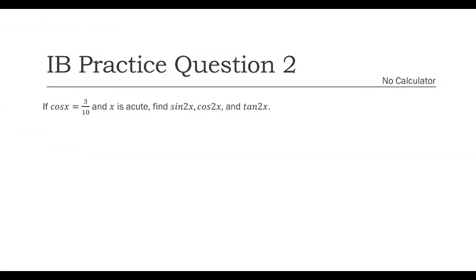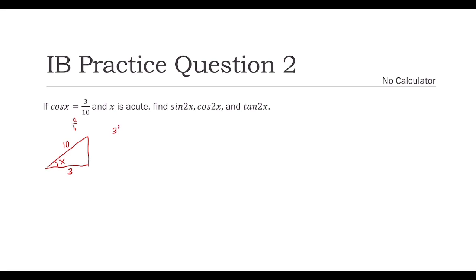Now we have our second IB practice question, which is also no calculator. It says if cosine of x is 3 over 10 and x is acute, find sine of 2x, cosine 2x, and tangent of 2x. So we'll draw our triangle. We'll label angle x, and our cosine is 3 over 10. Cosine is adjacent over hypotenuse, so it's going to be 3 and 10.